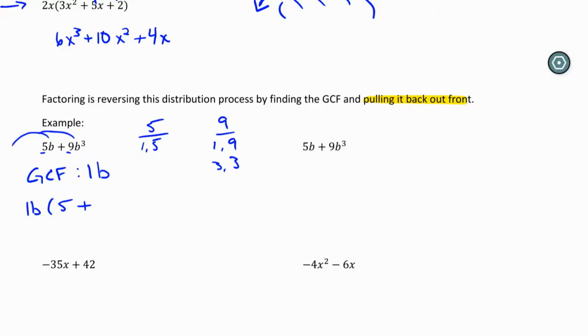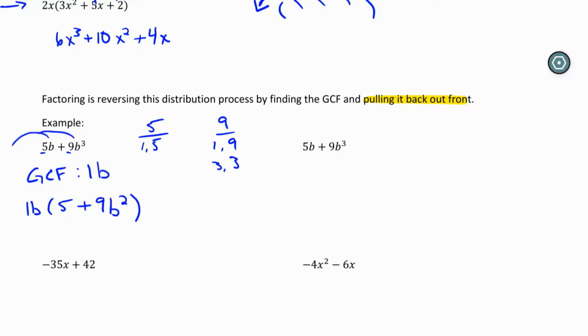And then 9 divided by the 1b will still give us 9. But I'm looking at b cubed divided by that 1b. Well, if I had started with 3 and I took off 1, how many do I have left? 2. Okay.